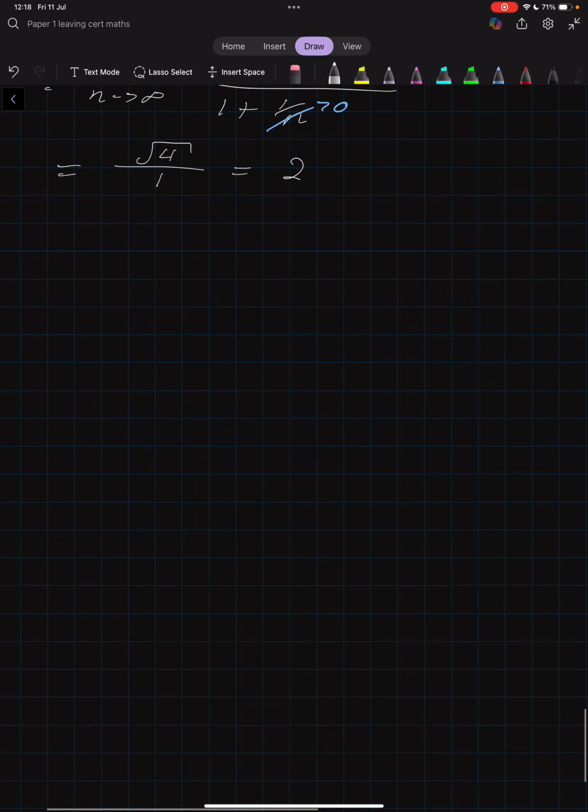So the very last one, it says find Sn if Sn is equal to 1 plus 2 plus 3 plus 4 plus ... plus n. How do we figure this out? So first of all, what's a? A is the first number, which is 1. And again, this is arithmetic because you're adding 1 every time.